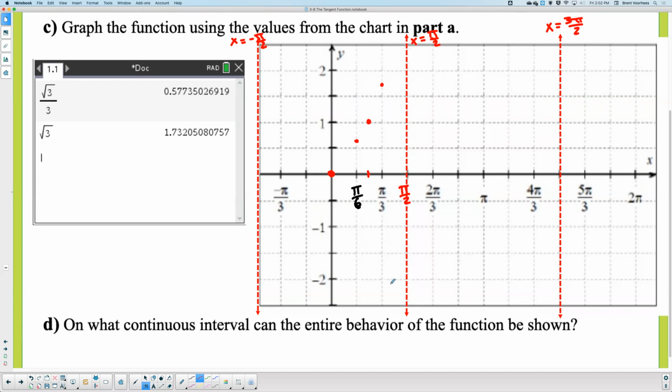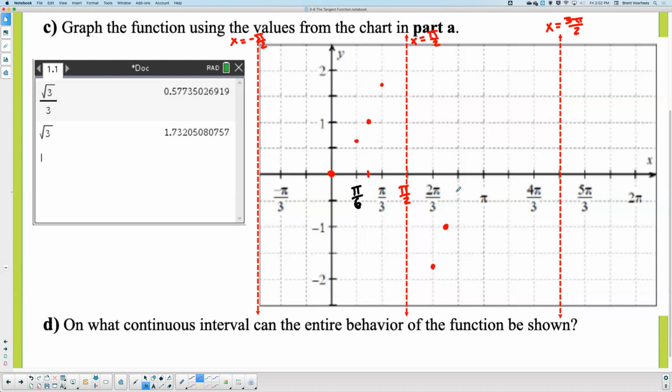Okay, so we have those points. And the other points we had, what do we have starting at 2 pi over 3? What was our value there? Negative square root 3. So negative 1.73. So negative 1.5, negative 1.73, somewhere in there. We had a pi over 4 in the middle, which would have been a negative 1.